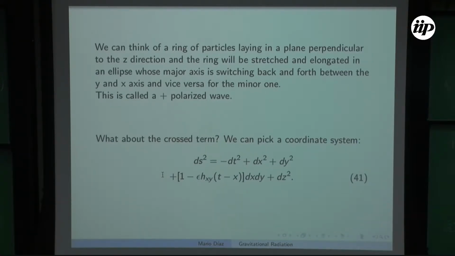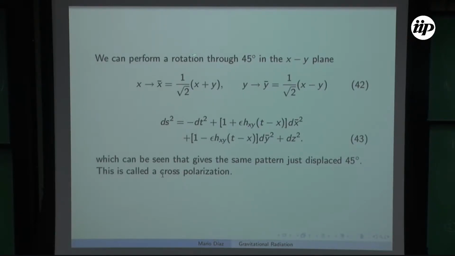And what happens with the cross term? Well, we can pick a coordinate system now such that this is the term that survives, and perform a rotation of 45 degrees. So then x bar, the new x, is going to be given by this, which is just a rotation of coordinates of the system by 45 degrees.